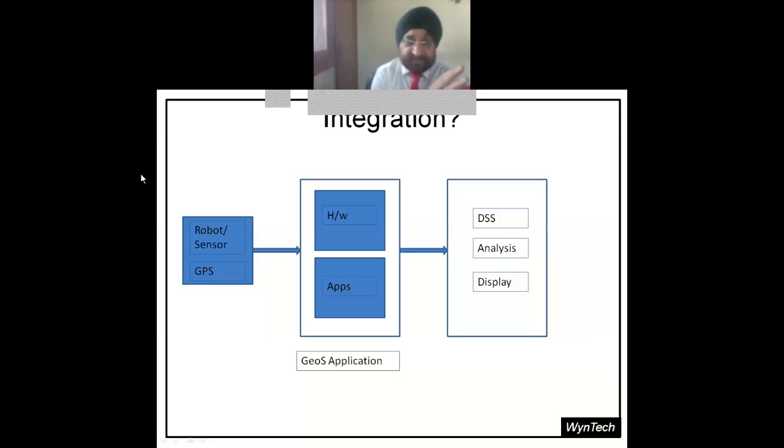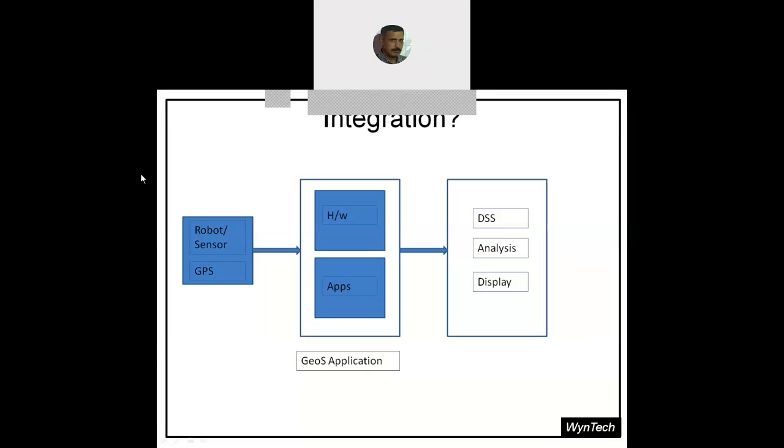Now, on the left-hand side, you see the robot sensor for GPS. GPS is also a sensor. So there are sensors in the first place that collect the data. The sensor collects the data and inputs it to the system, to the hardware and the application, which together is called the geospatial application.